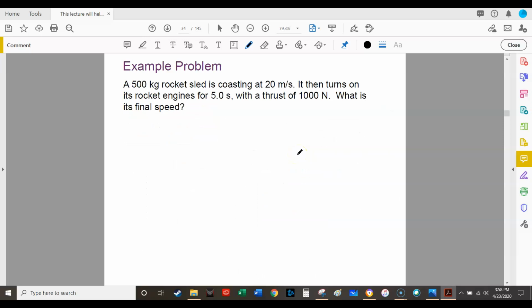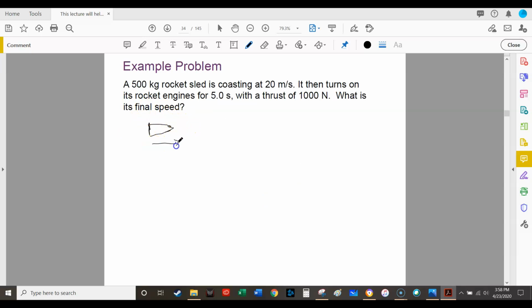Well, let's go through that whole process over, right from the beginning to the end. Okay? So what we have is a rocket sled coasting at 20 meters per second. So I'm going to draw the little rocket. And it's 500 kilograms coasting to a stop.